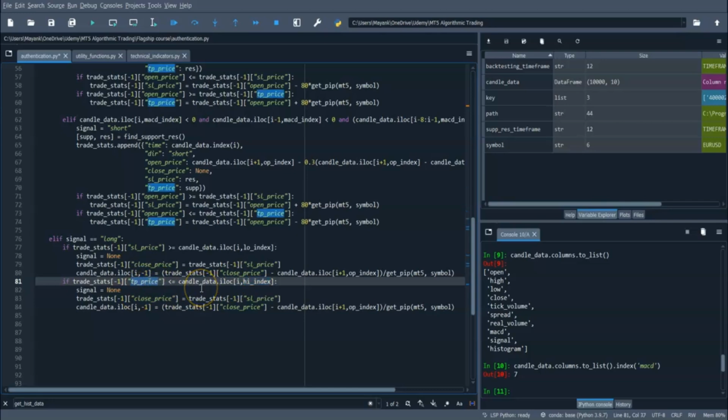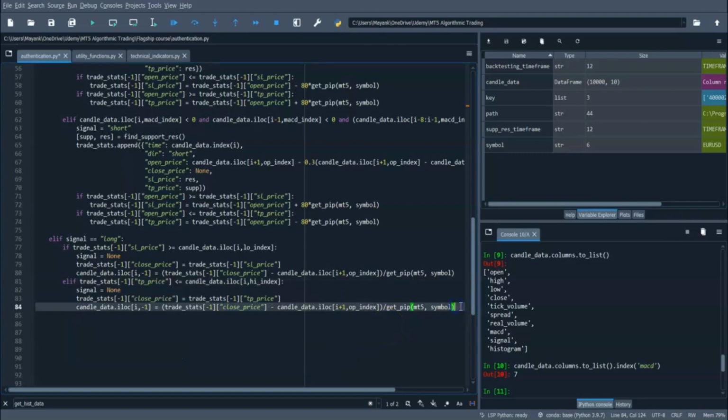So if that happens, you will close out the position and take your gains. So signal is equal to none. The close price would be the take profit price. And again, in this case, we won't have to change the return. It would be close price minus the open price divided by the pip. And let's make this elif.